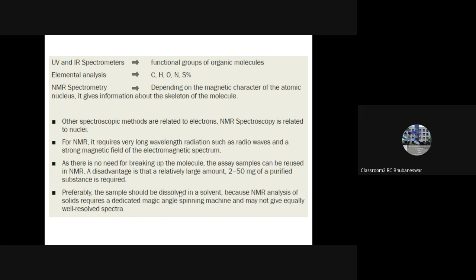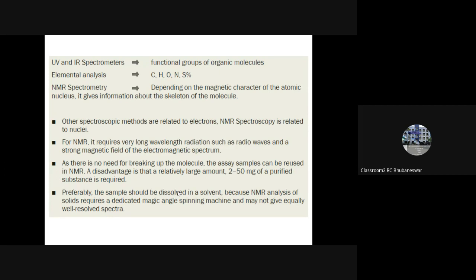So to get better quality, better sensitivity, better intense peak, you need more amount of the substance too. So here you need a large amount of the compound. That is the disadvantage with this NMR spectroscopy.